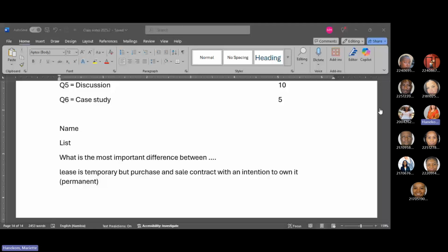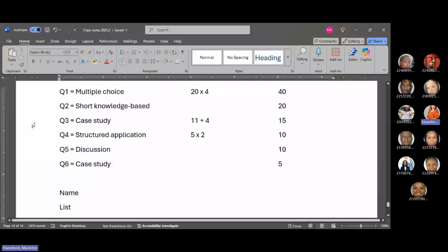So then question 3 is a case study. One case study, one sob story with 2 separate questions relating to the facts in the question.